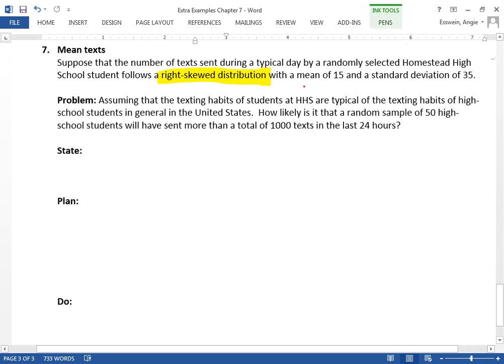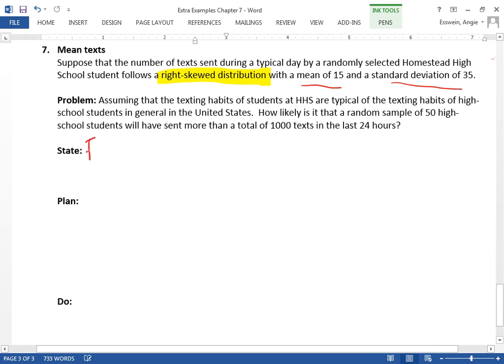With a mean of 15 and a standard deviation of 35, and it's right skewed. So we can still have a mean and standard deviation. We're assuming the texting habits of students at Homestead are typical of those in the U.S. What's the likelihood a random sample of 50 high school students will send more than 1,000 texts?